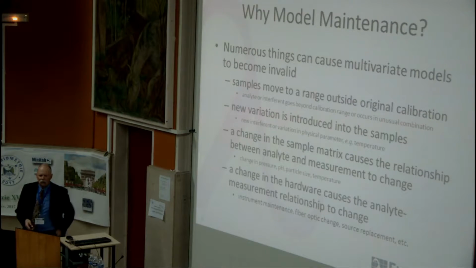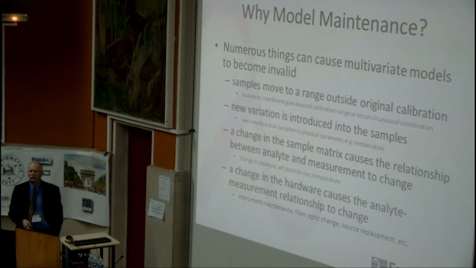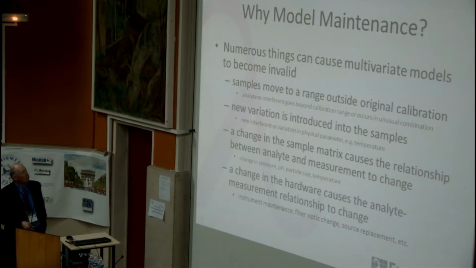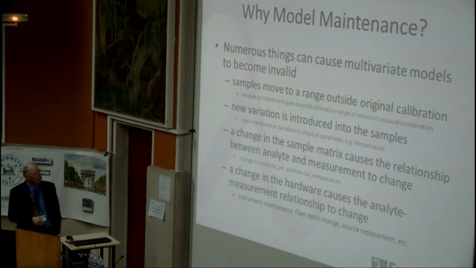So why do we do model maintenance? Well, there's a lot of things that can happen that make models stop working. Samples can move to a range outside the original calibration, and that is your analyte of interest or your interference go beyond their calibration range or possibly occur in some unusual combination.